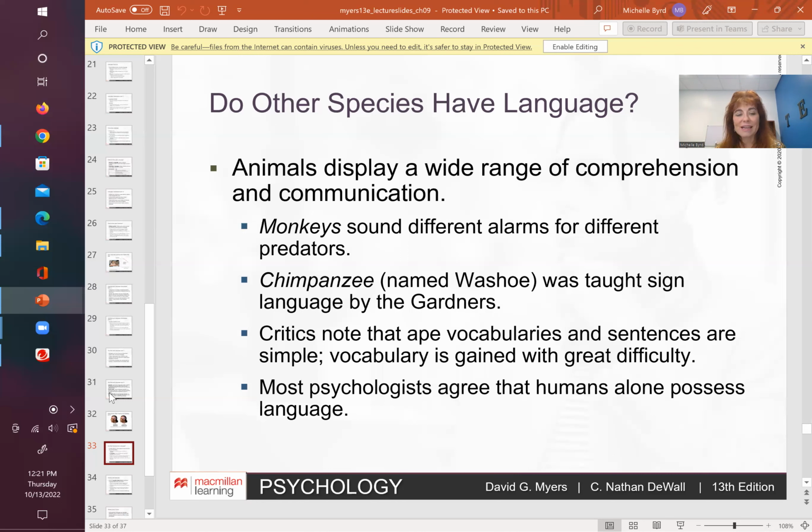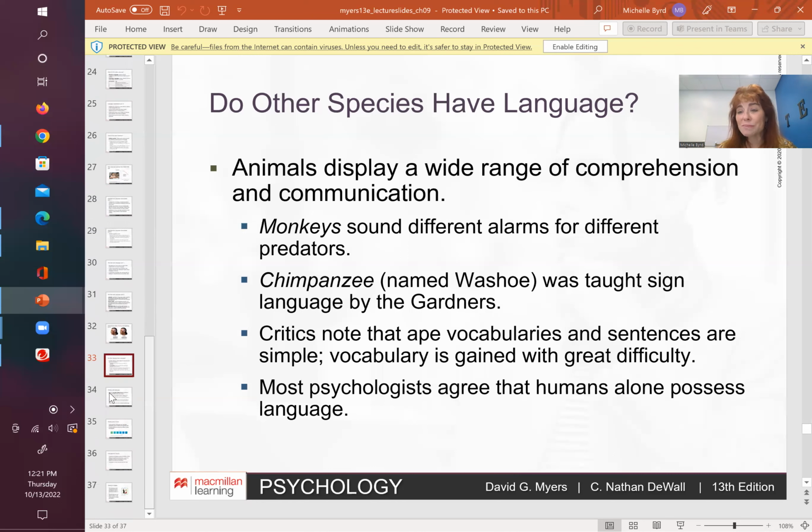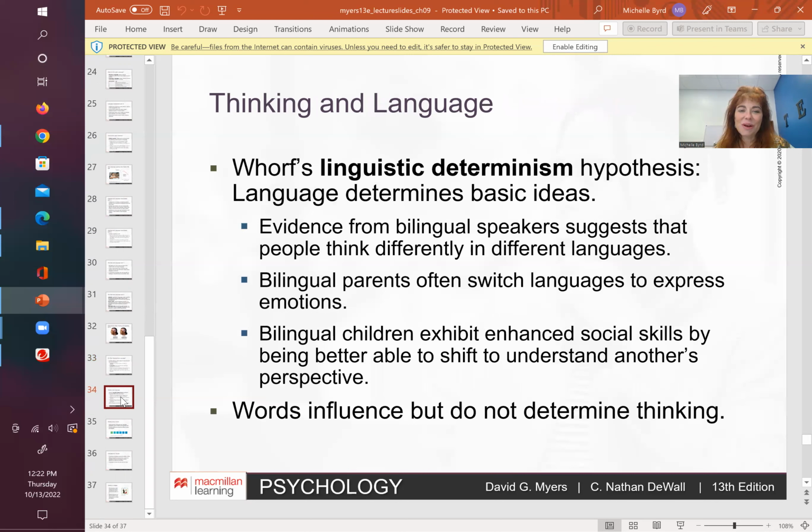And it all very much depends on how we define it too. So, Whorf's linguistic determinism hypothesis: language determines basic ideas. Evidence from bilingual speakers suggests that people think differently in different languages.